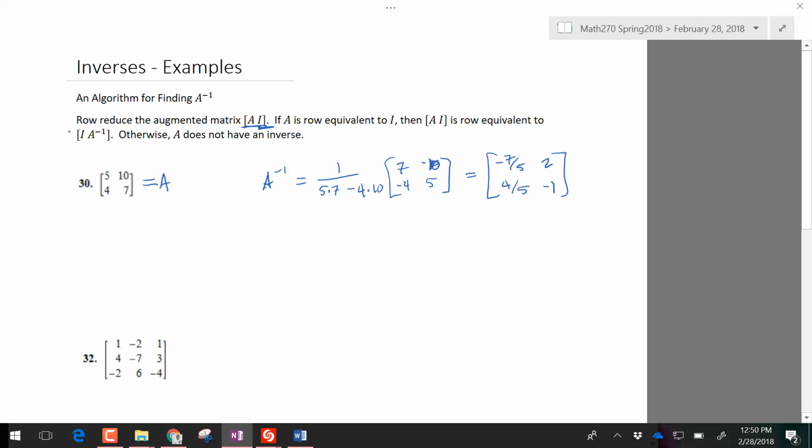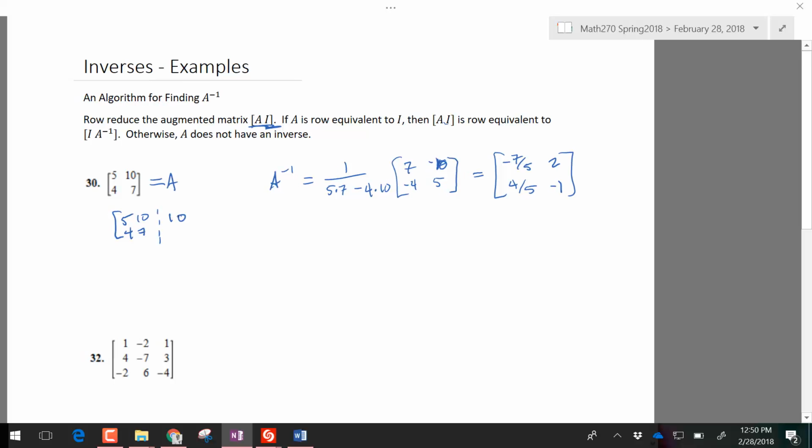The resulting matrix on the other side, which used to be the identity, should be the inverse. So let's write this out: 5, 10, 4, 7. You don't need to draw the dotted line, but I'll draw it for a while. 1, 0, 0, 1 is your identity.